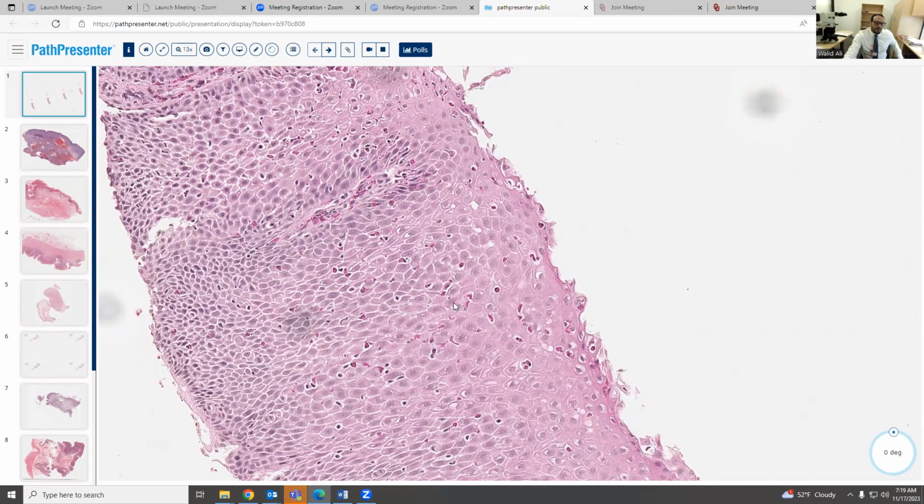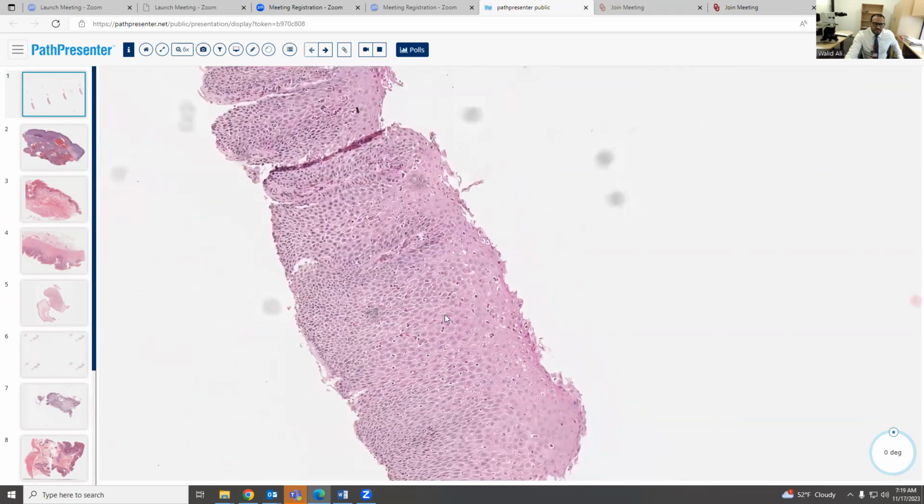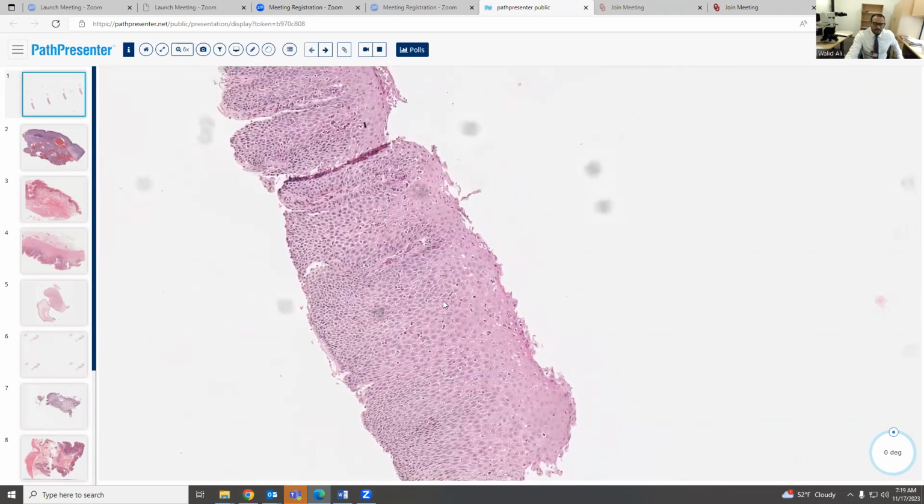If we see eosinophils in both the upper third and lower third, that goes with eosinophilic esophagitis. Usually the patients have allergy. There's still no well-known mechanism, but they say it's allergy or atopy, to food or whatever.